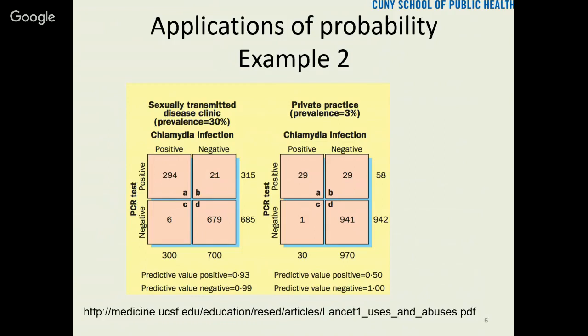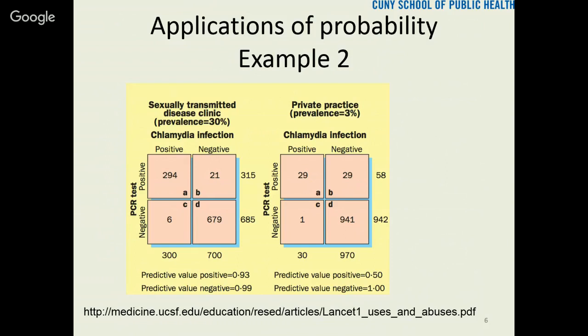Right. One more example. This one is a little bit more realistic, just to give you a better idea of what we're talking about. So we have a PCR test, polymerase chain reaction, to identify chlamydia, and it is being applied in two different clinics.